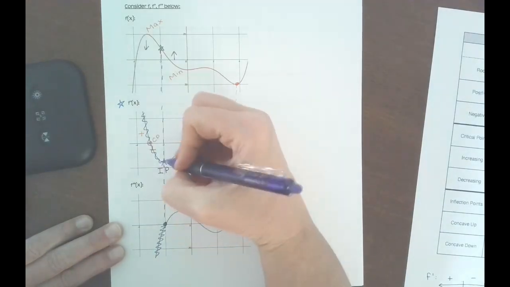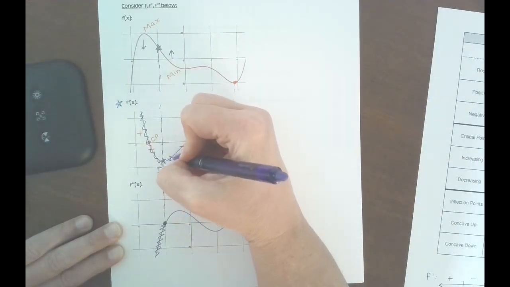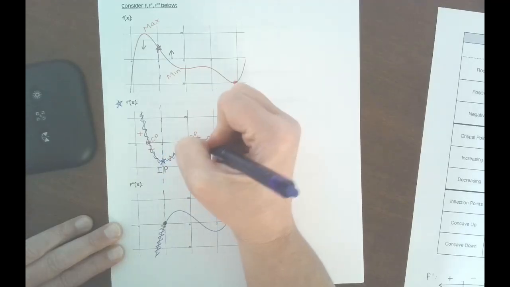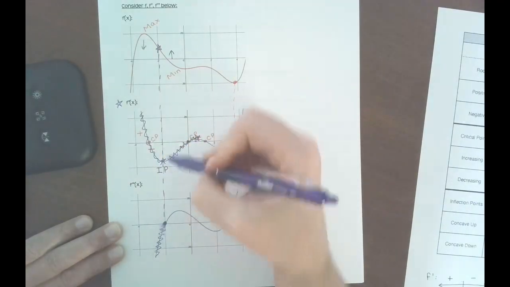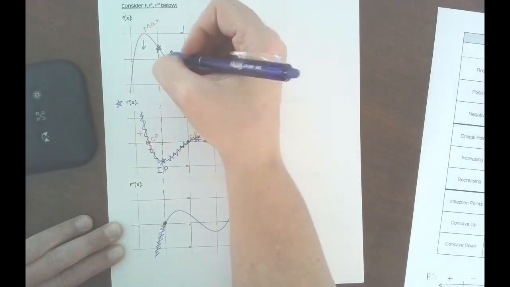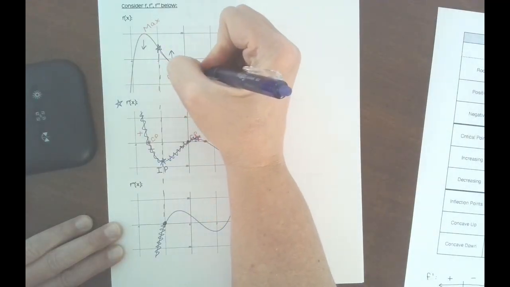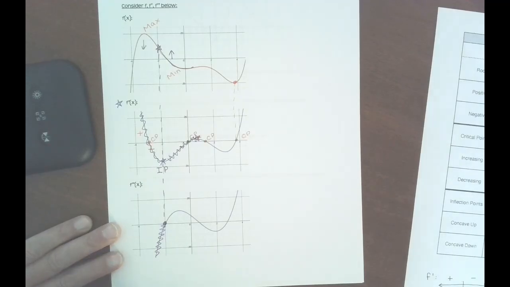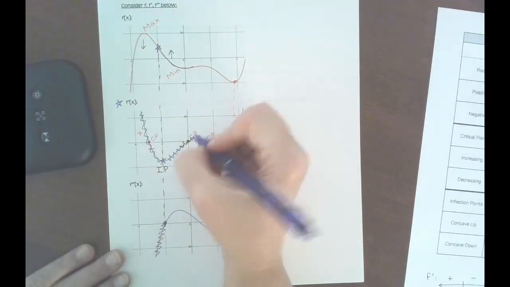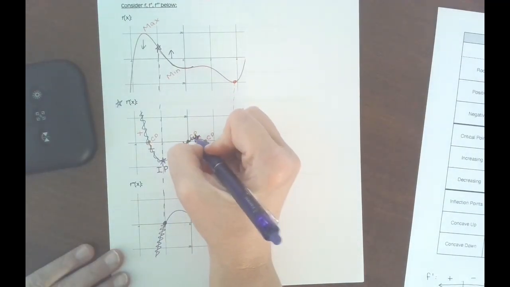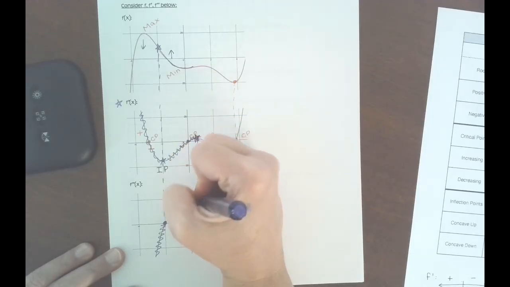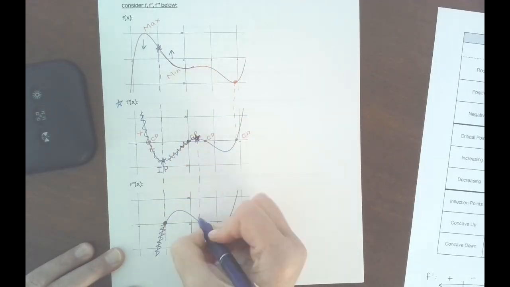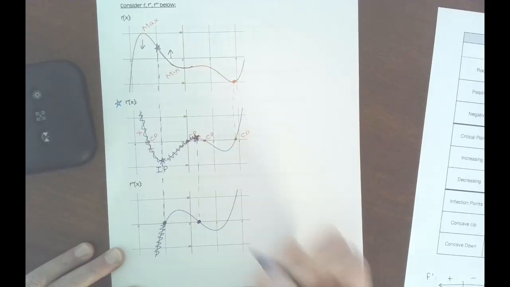And I could do the same thing. I could say that this portion of my derivative graph is increasing all the way to this maximum value, okay? And this part where we're increasing corresponds with this whole portion of the graph that's concave up. This maximum value here, this place where that shifts, corresponds with this 0 on my second derivative graph.